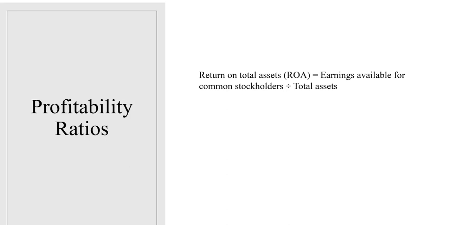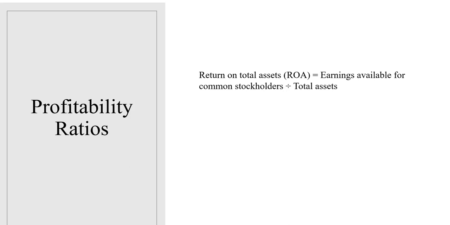We calculate it as earnings available for common shareholders divided by total assets. So a higher ROA means that a company is more efficient and more productive. They're better able at managing their balance sheet to generate profit. And lower ROA means that there's a lot of room for improvement.